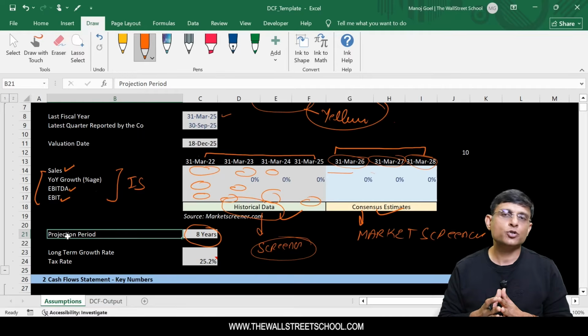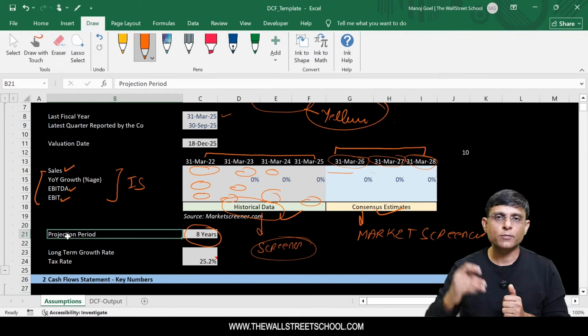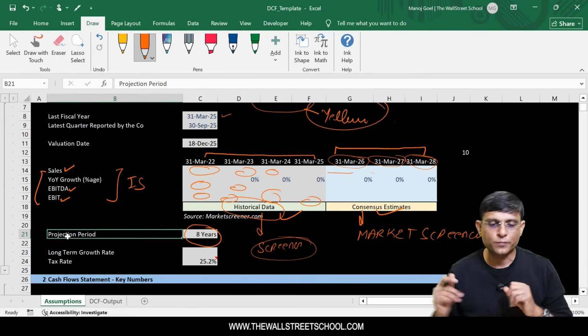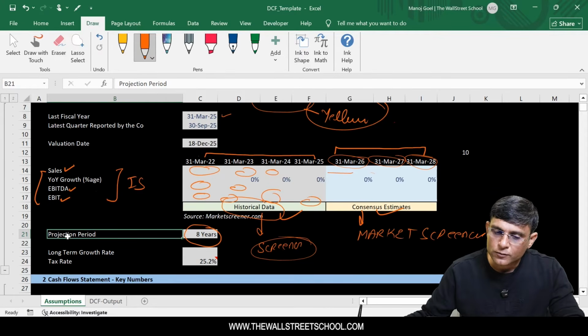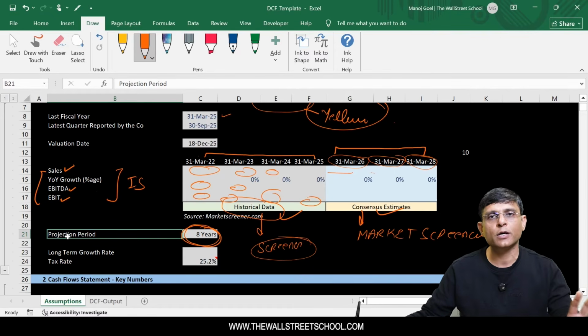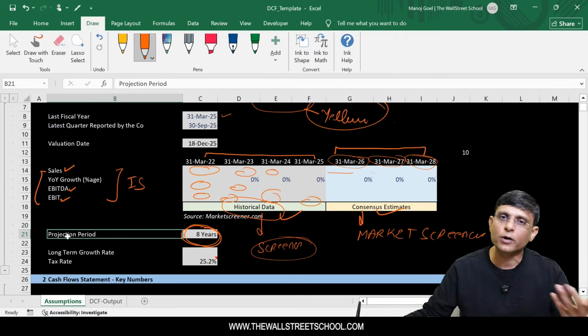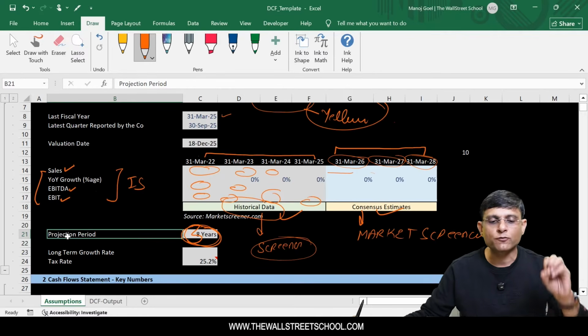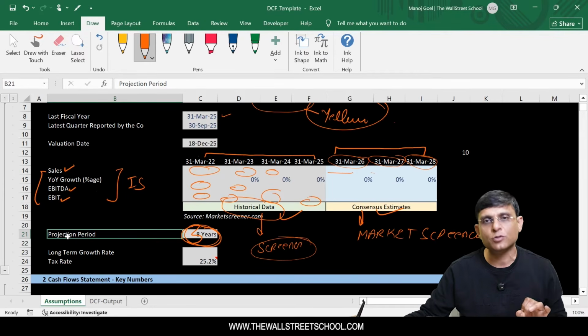The moment your company reaches the maturity stage, you can stop the projection, because then Gordon's growth model will take care of this estimation on its own. So I'm assuming 8 years here, but you can assume 5 years, 6 years, depending on the current growth stage of the company. If the company is already in the maturity stage, you can even reduce this to 3 years. There is no such hard and fast rule. Here, I'll keep this projection on for 8 years only.